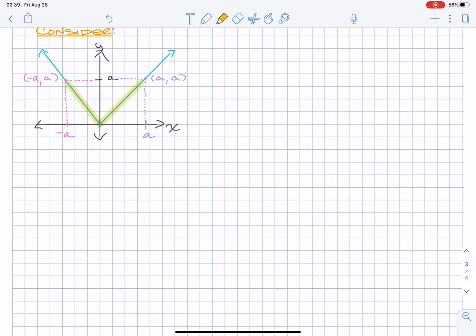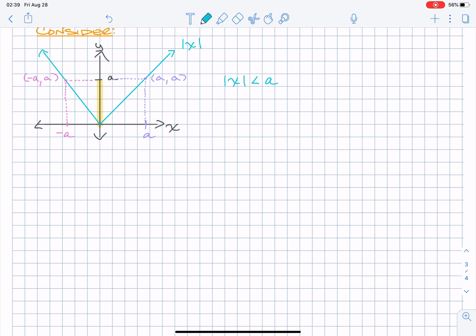Actually, no, let's consider these values of y. Okay, so I want the values of y, or the function, to be less than or equal to a. So I want that this function, the absolute value of x, is less than a.